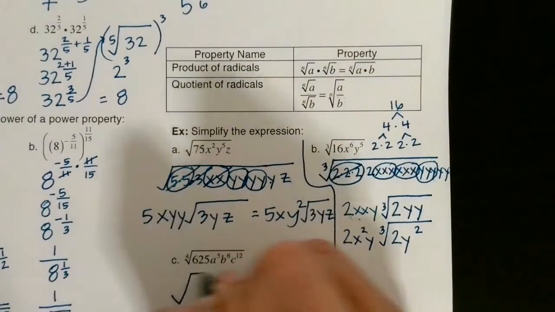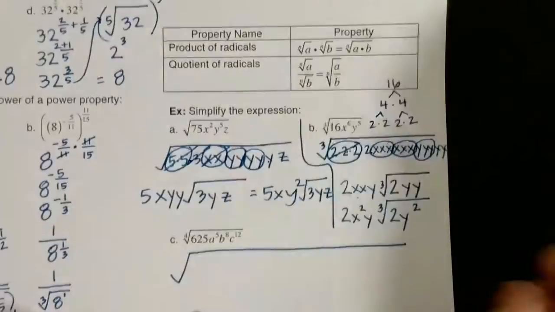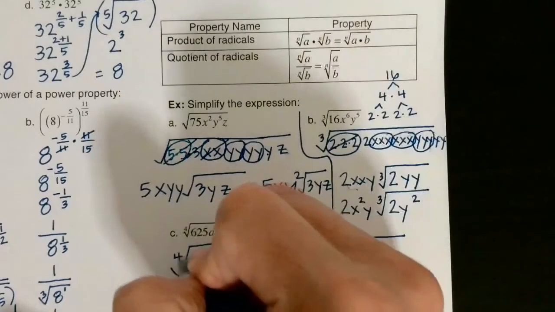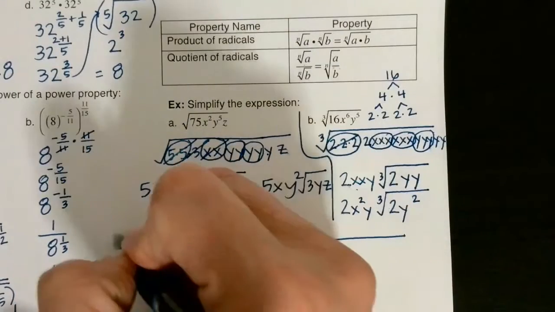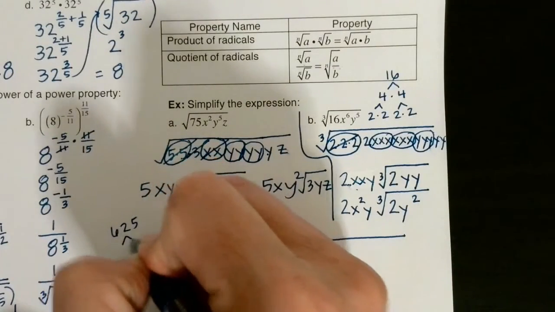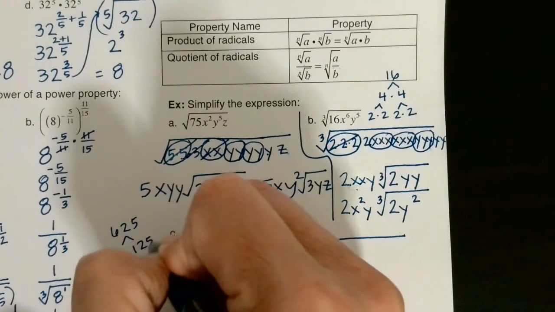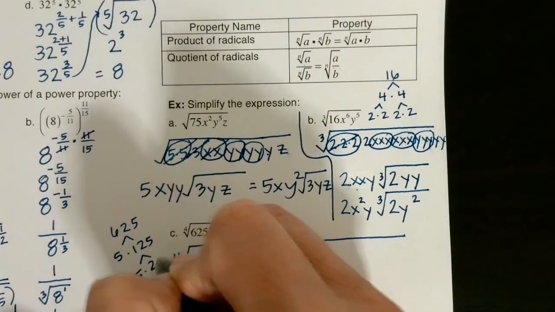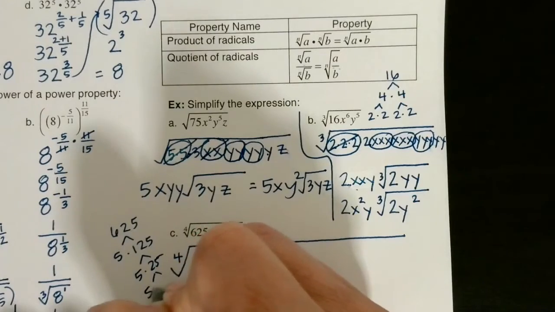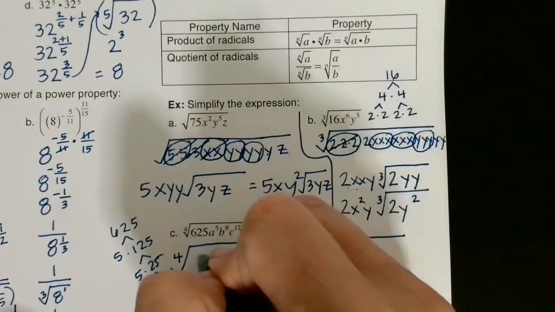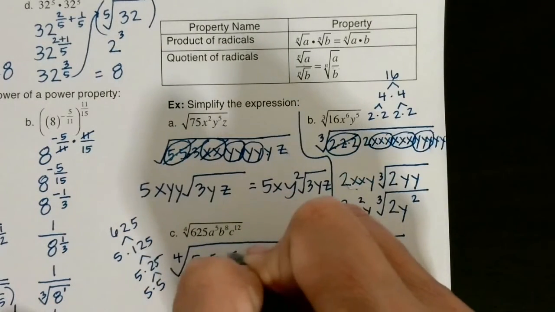So we have the 4th root, whoa, of 625. So 625 is 5 times 125, which is 5 times 25, which is 5 times 5. Yeah? So we have 5 times 5 times 5 times 5.